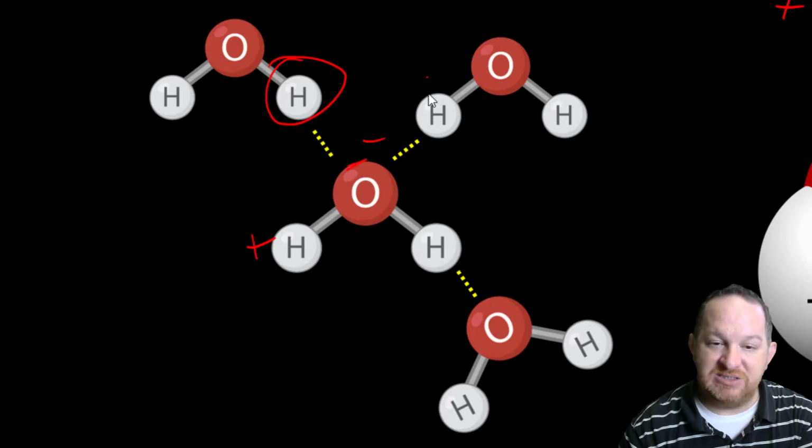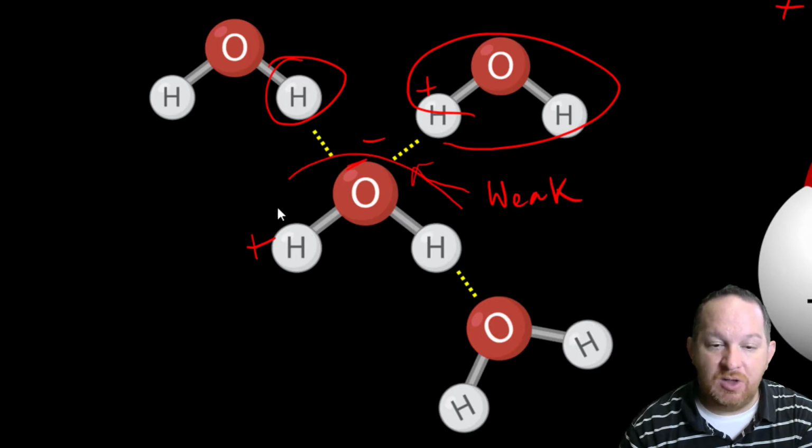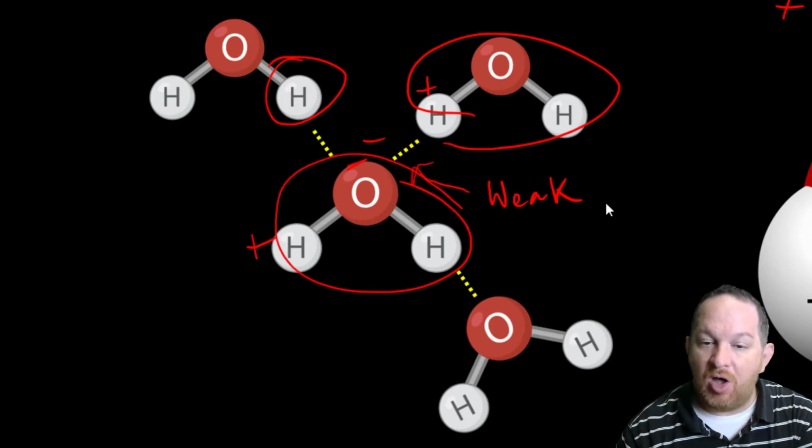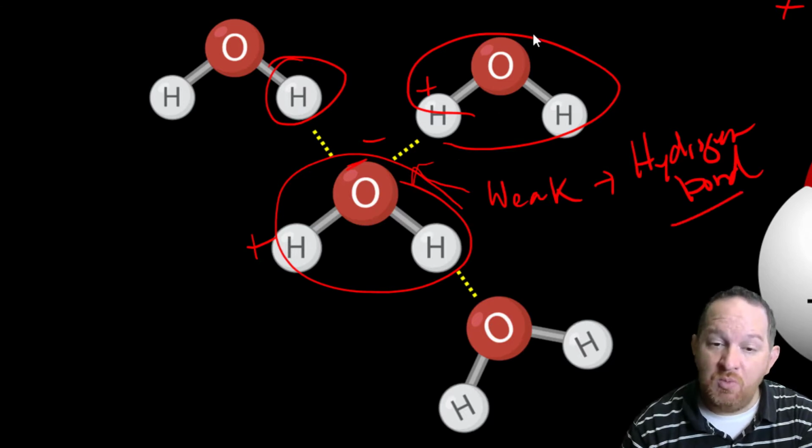Same thing here. The positive of this will be attracted to the negative end. So you can see we're starting to form some smaller, weak bonds that take this molecule and bond it to this molecule. We call that weaker bond a hydrogen bond. That's the bond that takes one water molecule and bonds it to another.